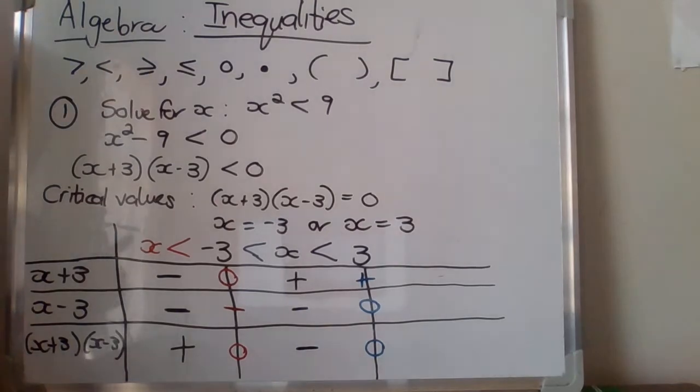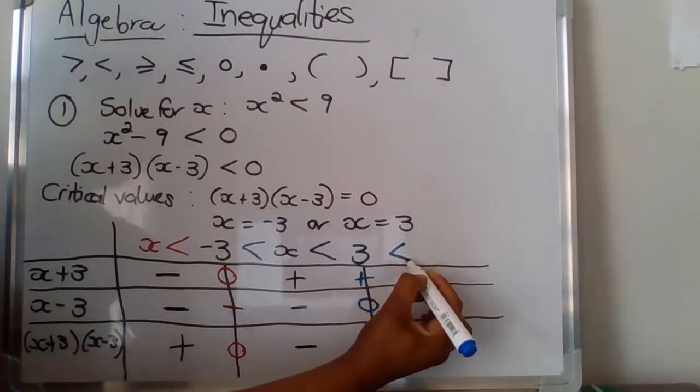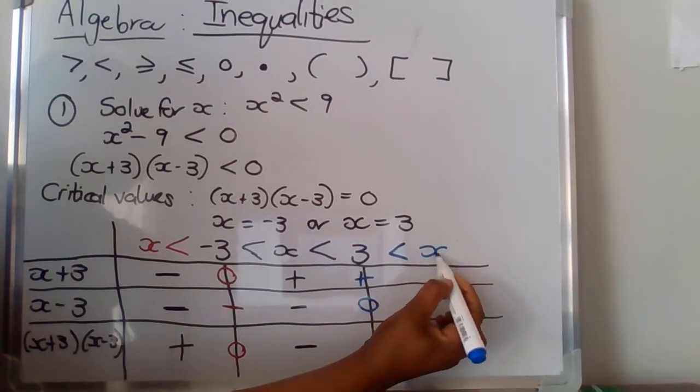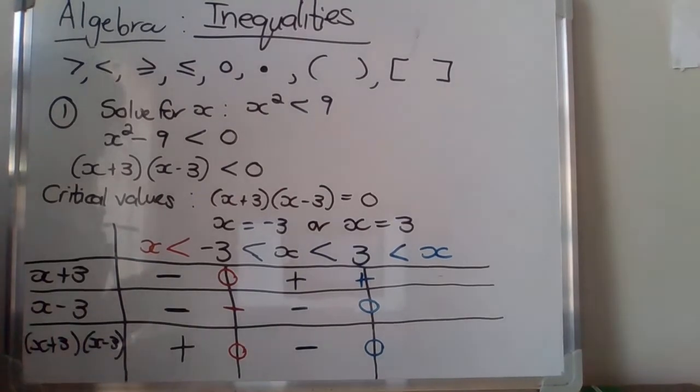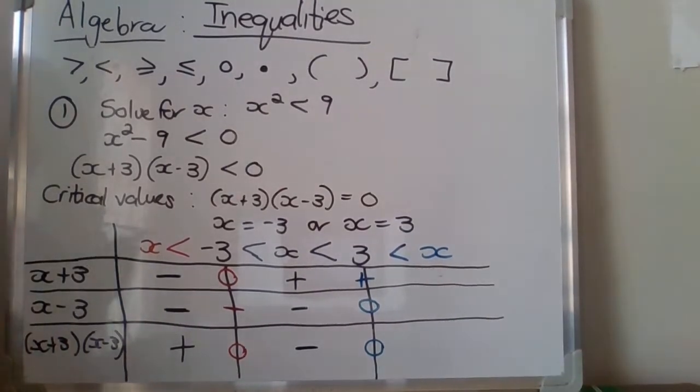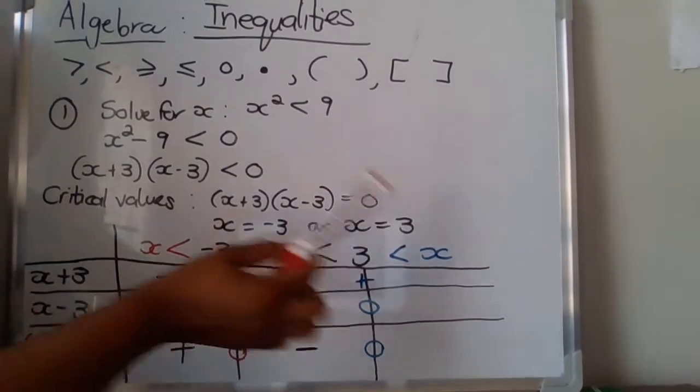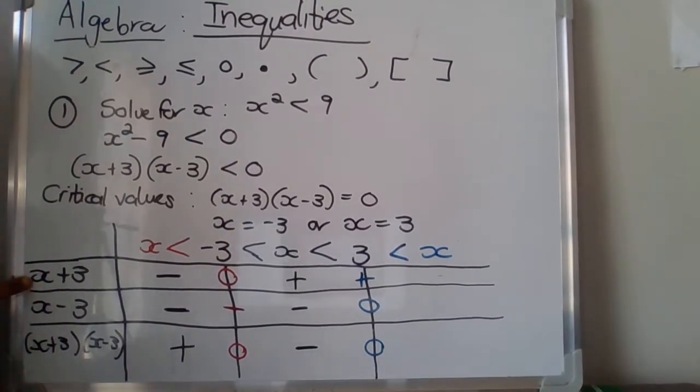And on this side as well, what happens when x is greater than 3? So when x is greater than 3, what happens to my values? Let's choose the number 4. So I get 4 plus 3, which is 7.